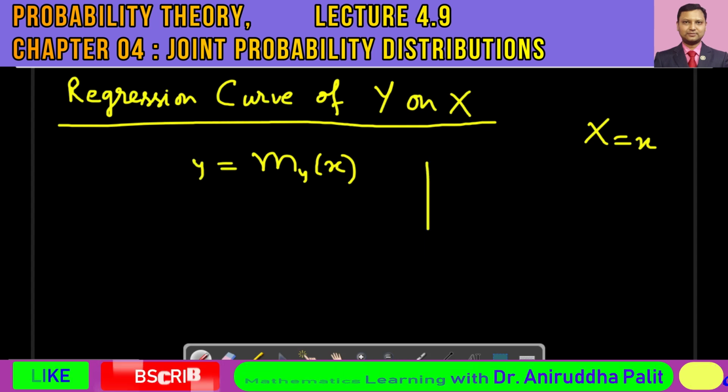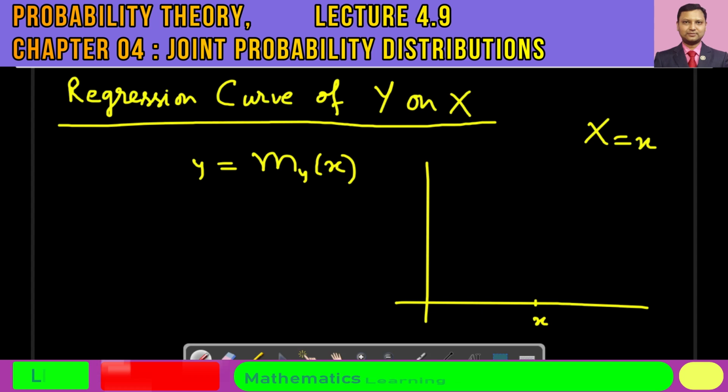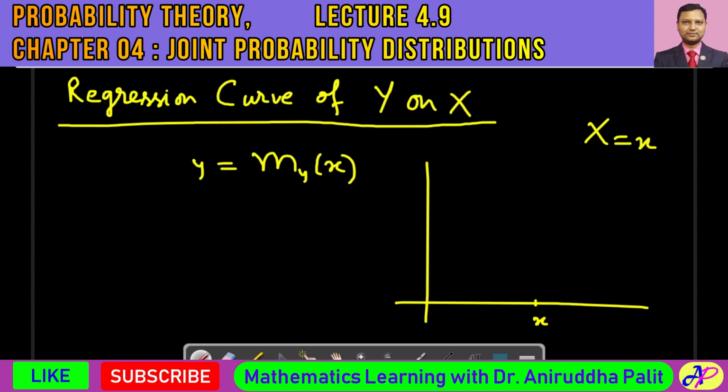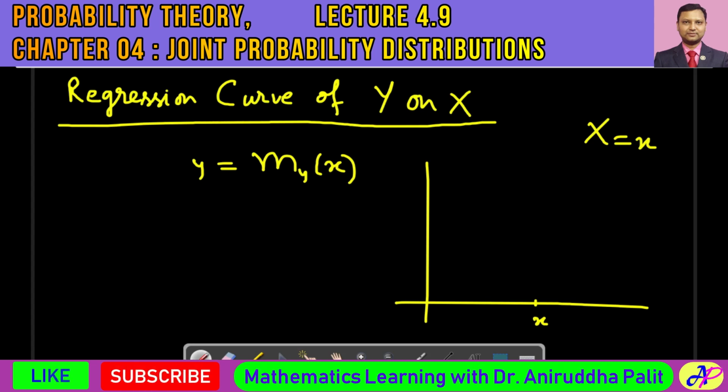You see, if you consider a bivariate distribution, suppose this is the value of x, then for this value of x we will have a certain value of m y of x.